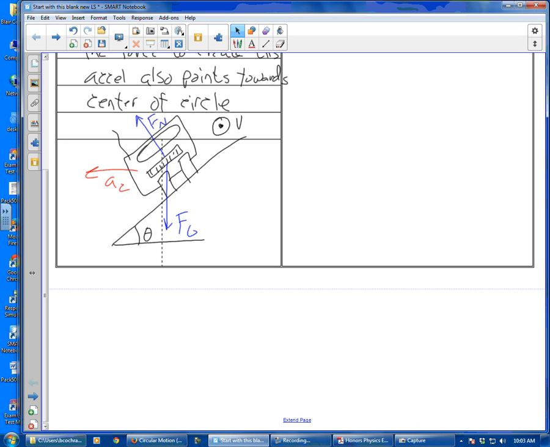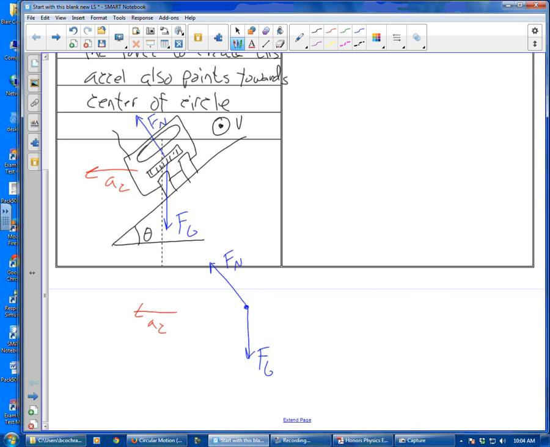So I'm going to draw a little free body diagram below this just to help me out in my rationale. F sub G down here, force normal up here, and my acceleration is in that direction. This diagram wouldn't be needed, but I like it.